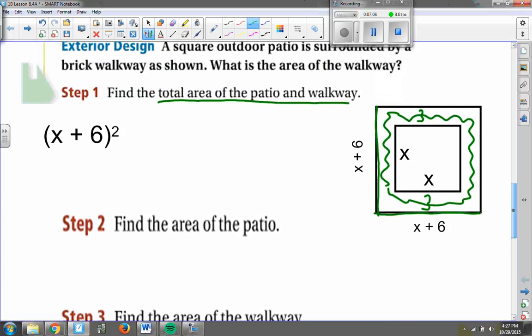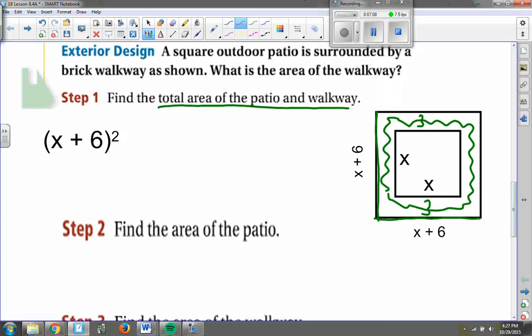Let's start with the total area, patio and walkway put together. That is this big red square here. And I know that the side lengths are x plus 6 and x plus 6. So in order to find the area, I am going to do x plus 6 times x plus 6, which I know is just x plus 6 squared.